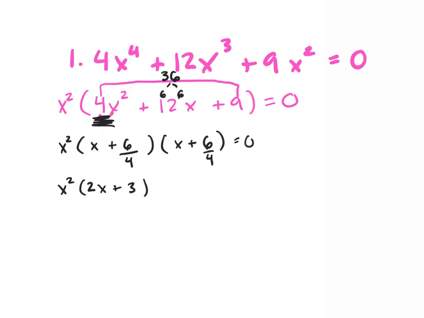The next one is the same exact thing. It simplifies to 3 over 2, so we would end up with 2x plus 3. All right, now what's next?